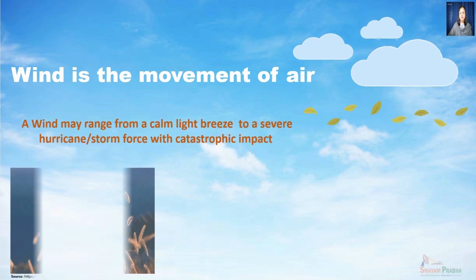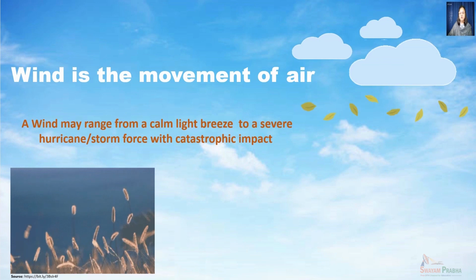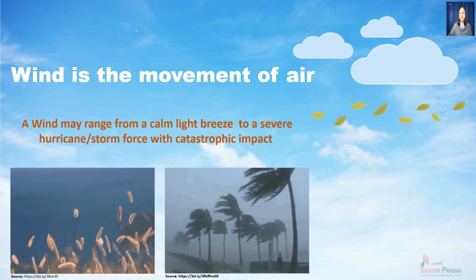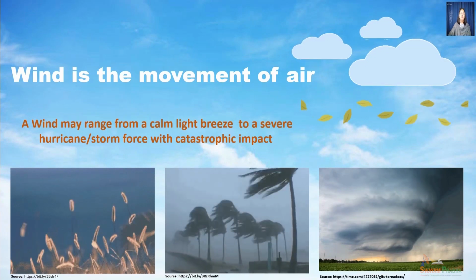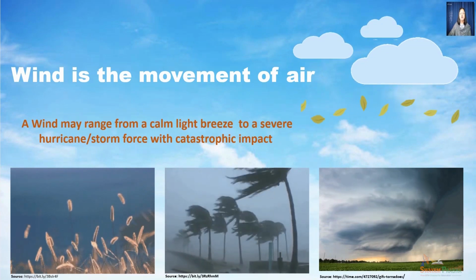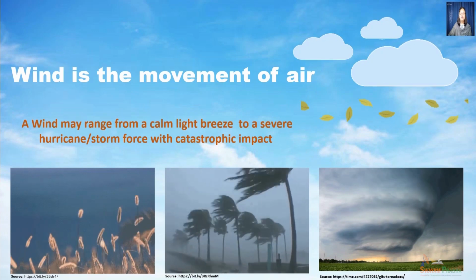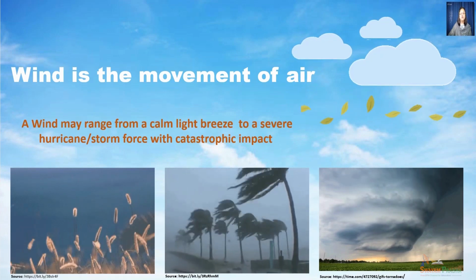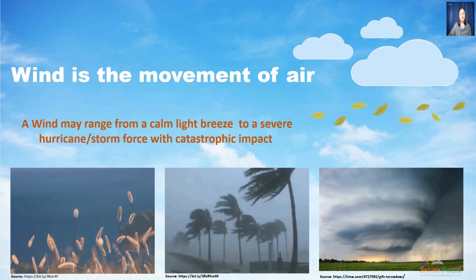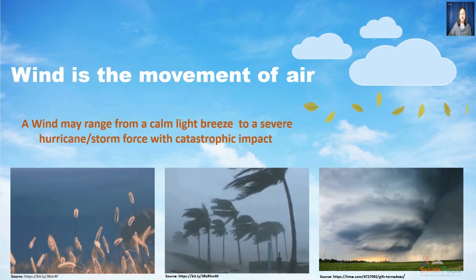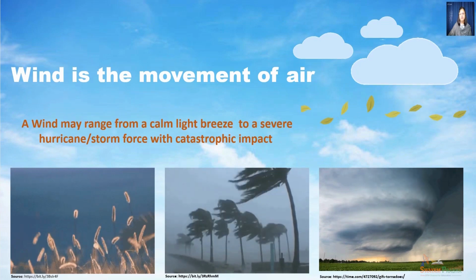It may range from a calm light breeze to a severe hurricane storm force with catastrophic impacts. Therefore, the study of wind system is fundamental to climatology since it defines the general atmospheric circulation that exists on our planet and how that atmospheric system has evolved over space and time.